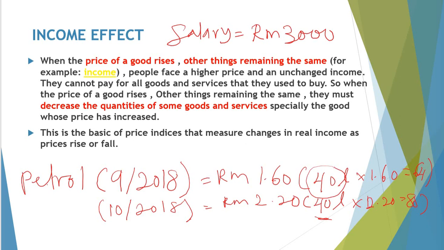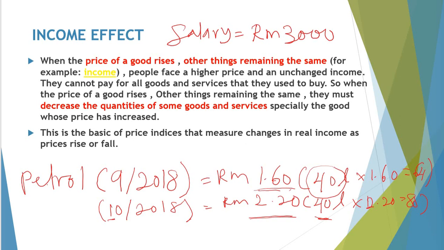So, as the price of the good that you buy increases, you will have less real income. Bila harga minyak bulan 9 RM1.60, bulan 10 harga minyak adalah RM2.50. Dia ada difference.